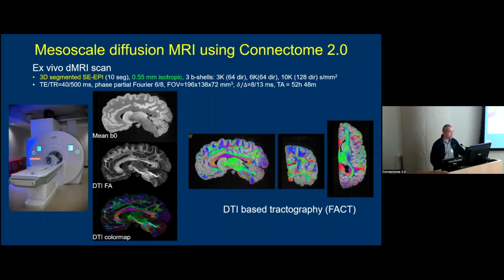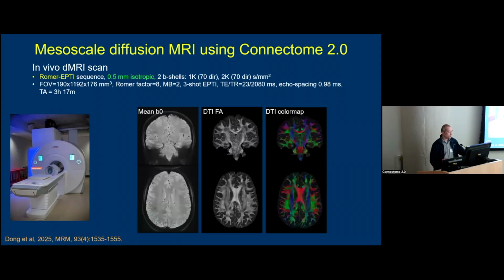For this, we acquired 0.55 millimeter isotropic resolution data with segmented 3D EPI, also with multi-shells, and the image quality looked really nice. And for in vivo scans, we also leveraged the advanced Romer EPTI sequence. We acquired the corresponding 0.5 millimeter isotropic resolution data in one healthy volunteer.